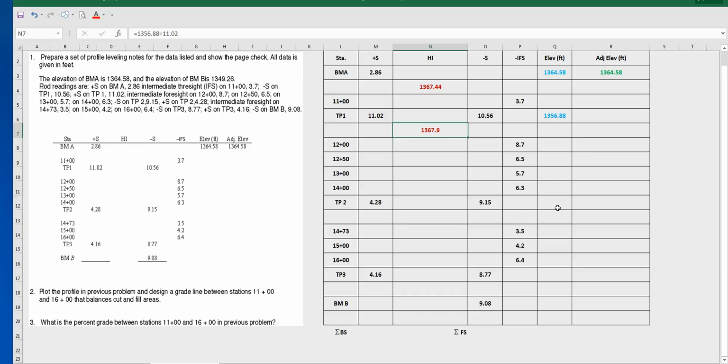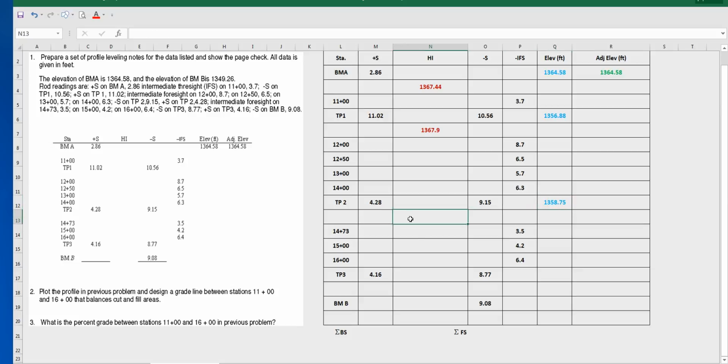Okay, so the elevation here at our HI is 1367.90. So I'm going to take the HI, subtract the foresight, and I'm going to get the elevation. Equals 1367.9 minus 9.15. That's going to give an elevation at turning point 2 of 1358.75.